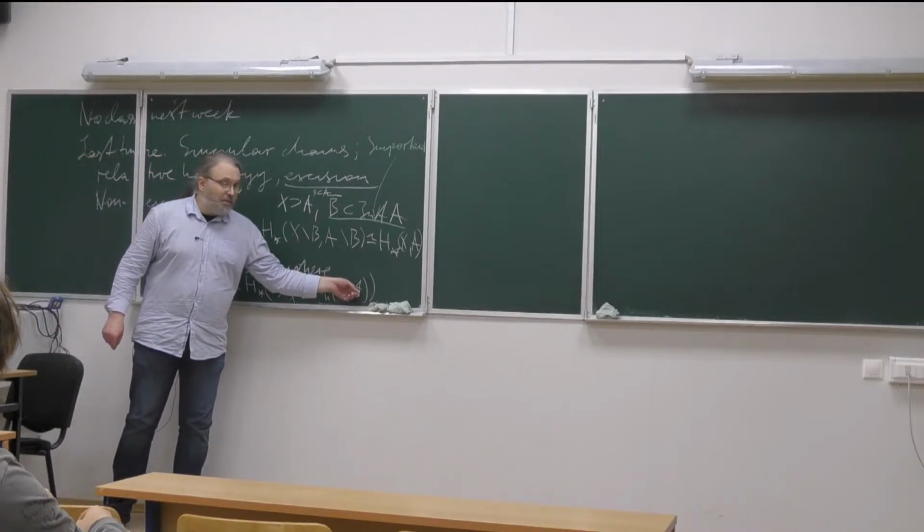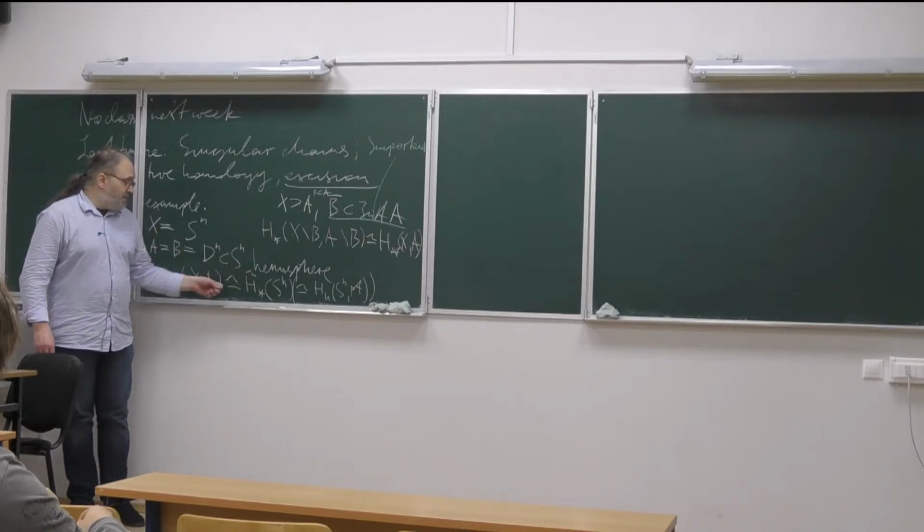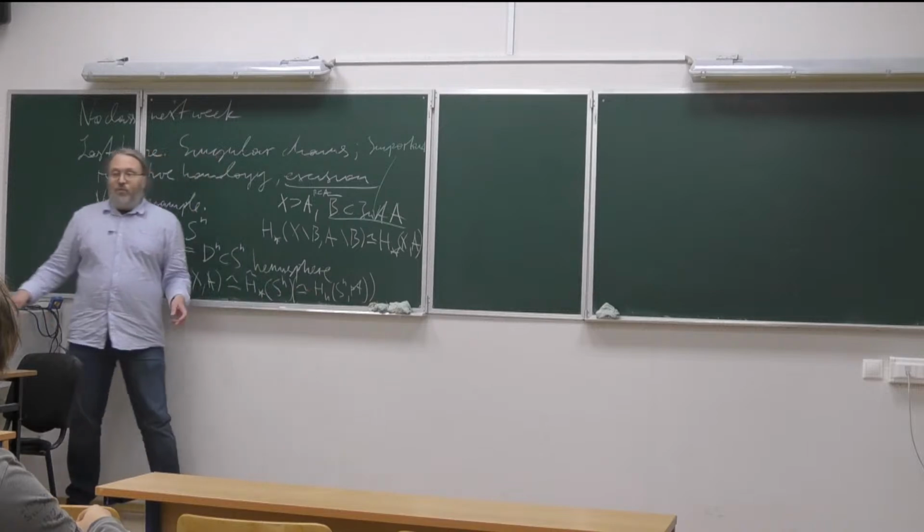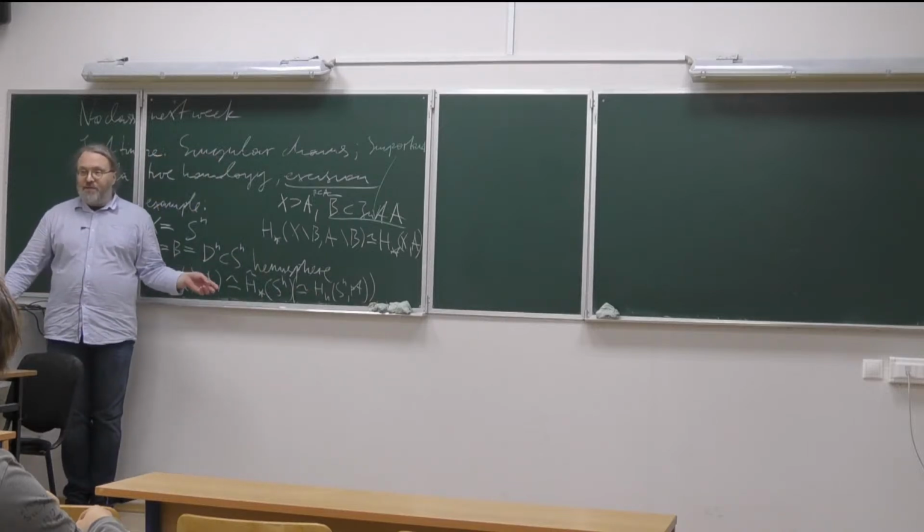We can take the point to be any point inside A, and we have this isomorphism by the 5 lemma. Does this make any sense?